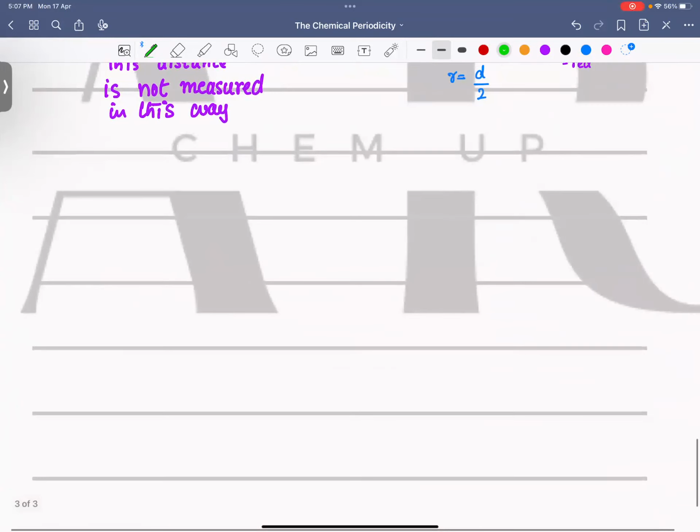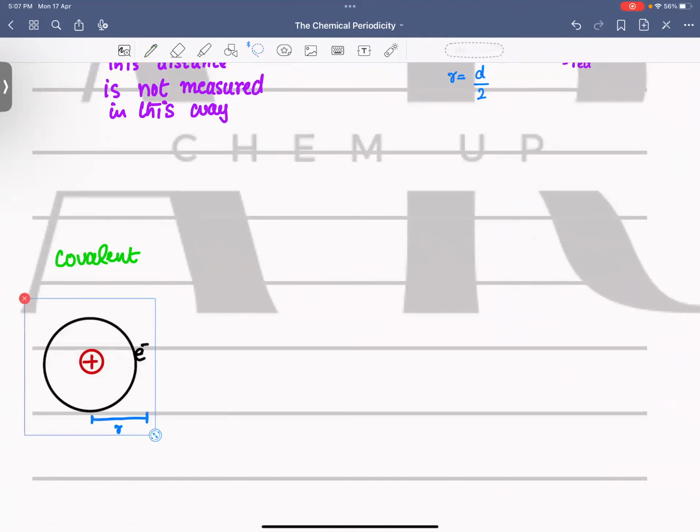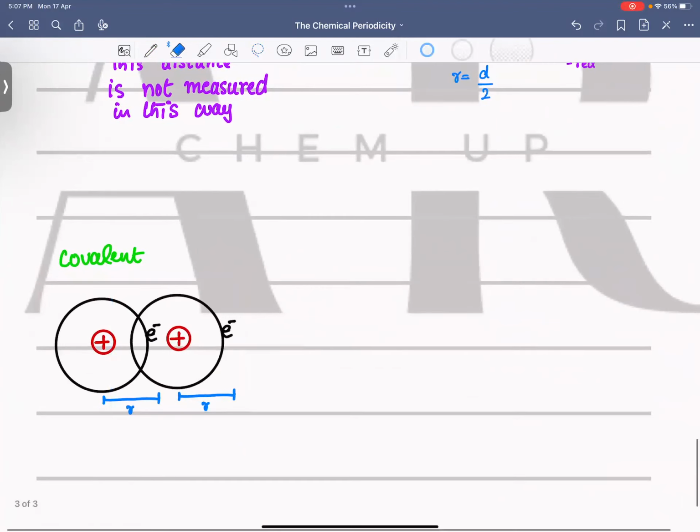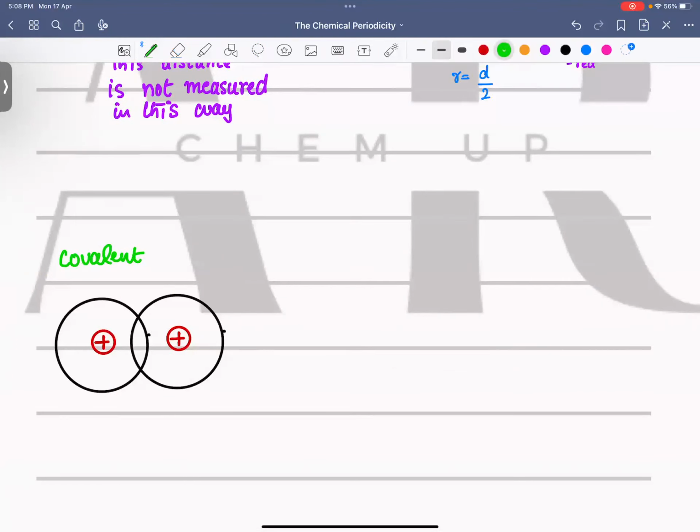Now think, for example, if you have a substance having a covalent bonding in it, then what would happen? Then there must be an overlapping between the two neighboring atoms, right?